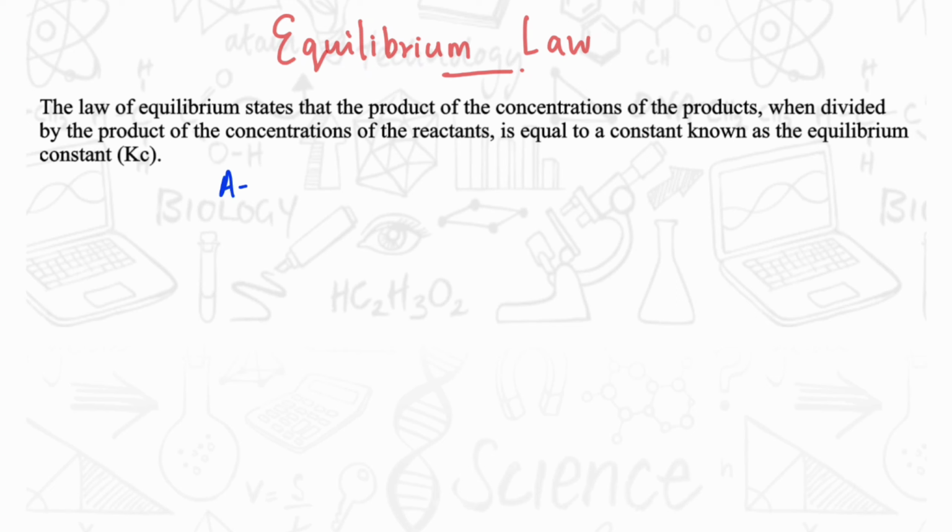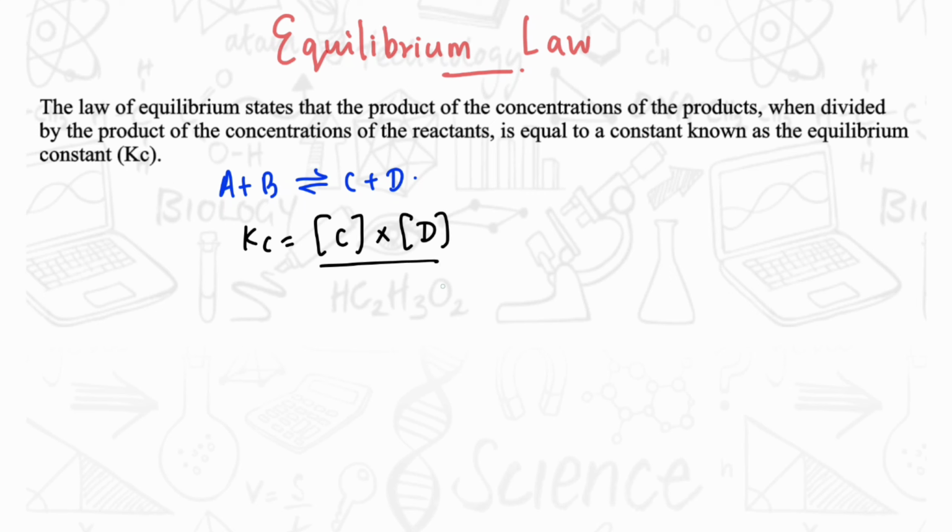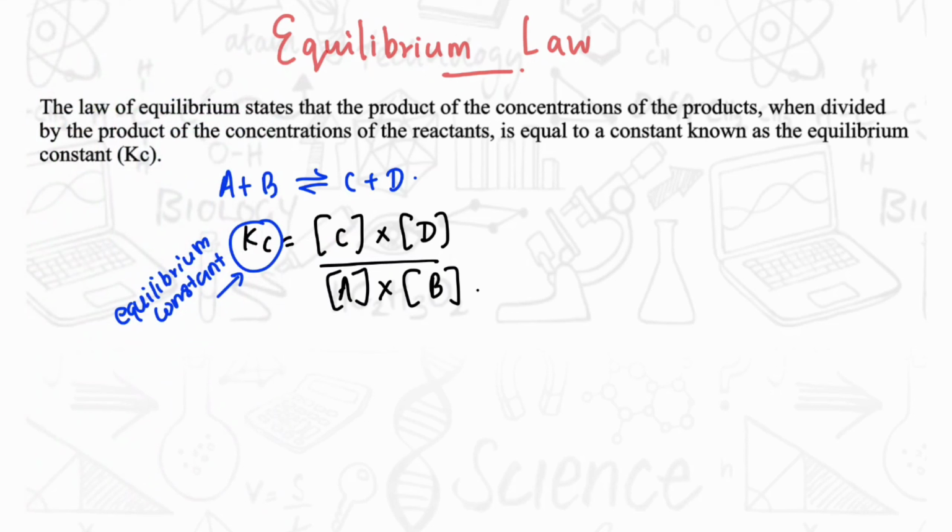That is, now let's say we have a reaction A plus B will give us C plus D. So Kc is the product of concentrations of the products, so C times D concentration, divided by the product of concentrations of the reactants, so that is A times B. So this is a constant. It is known as the equilibrium constant, and it is known as Kc because C represents concentration.